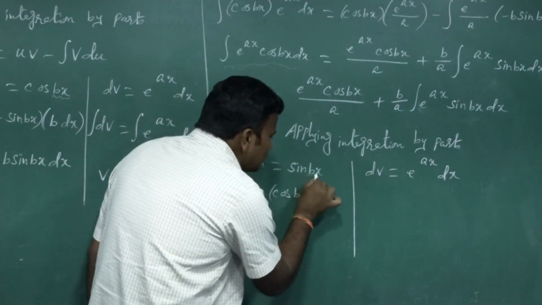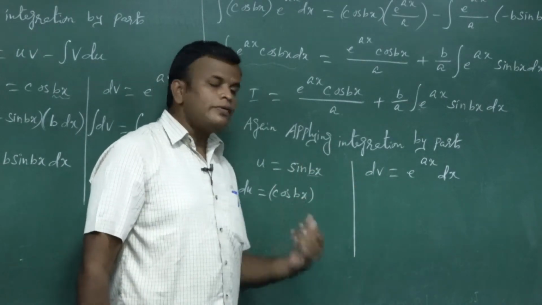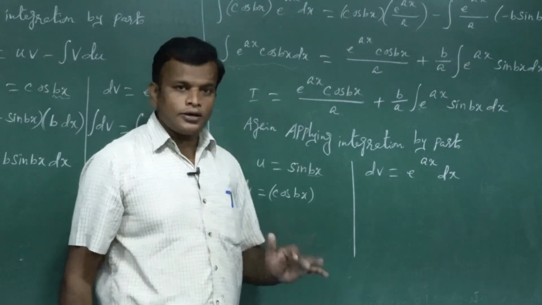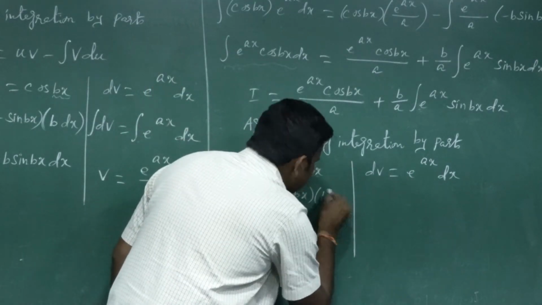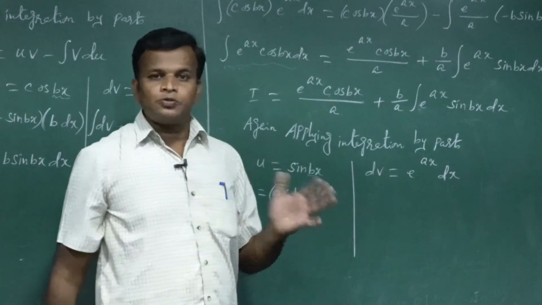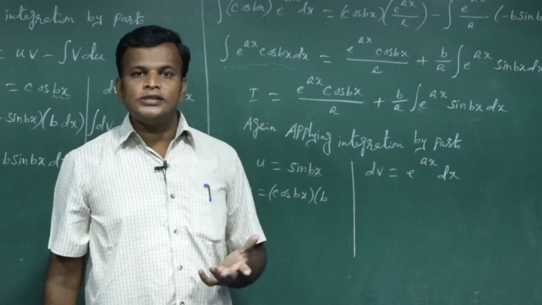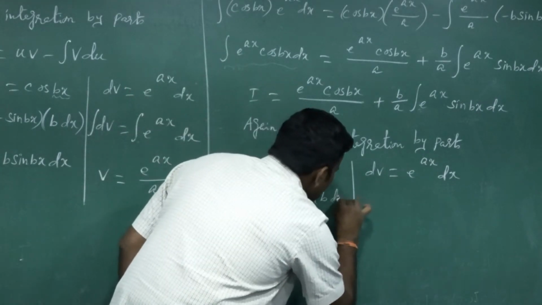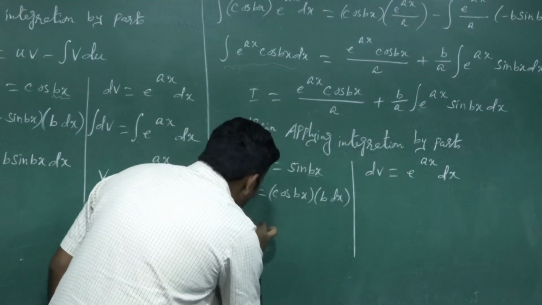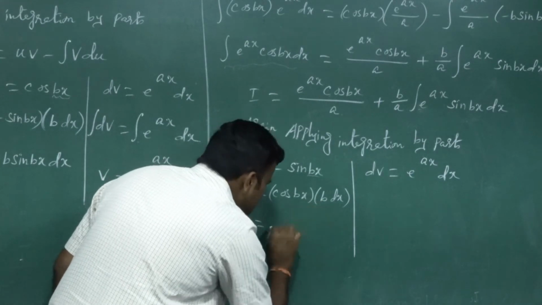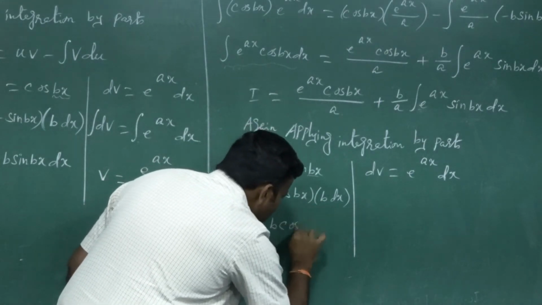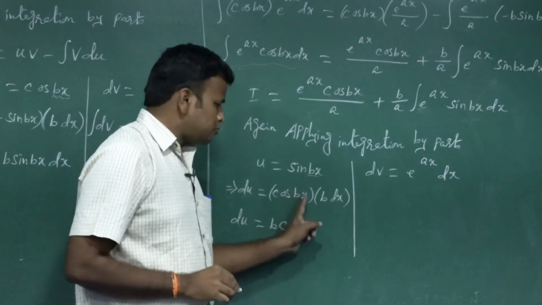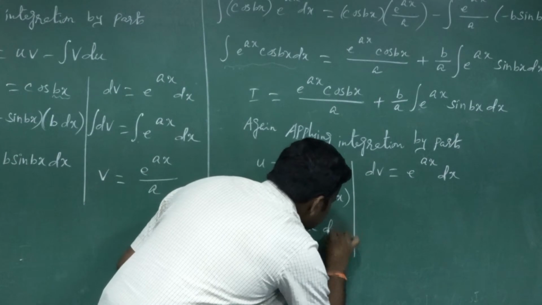In bx, b is a constant, so we keep b, and the differential of x is dx. So the value of du is equal to b cos bx dx.